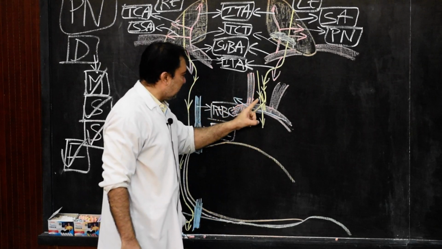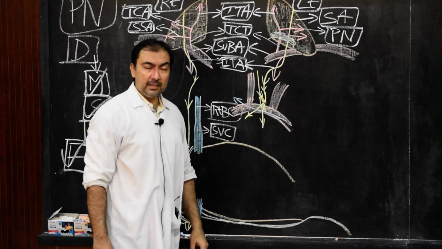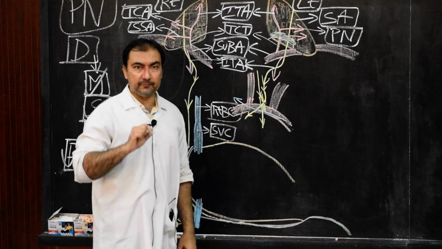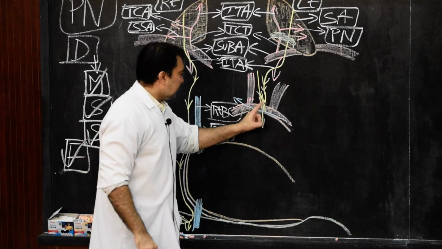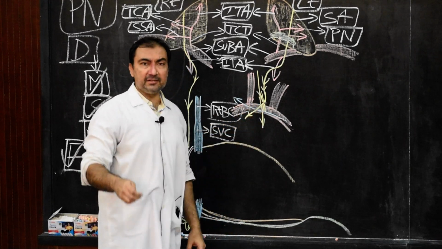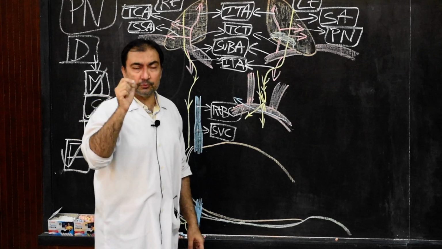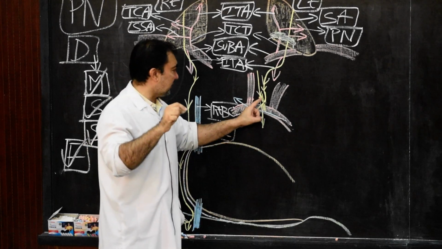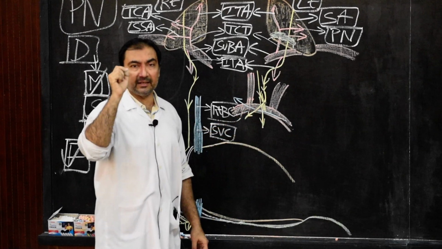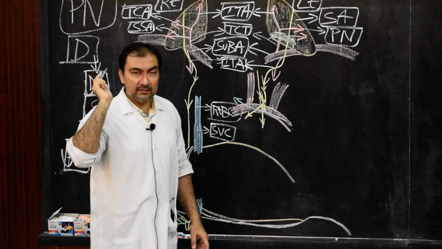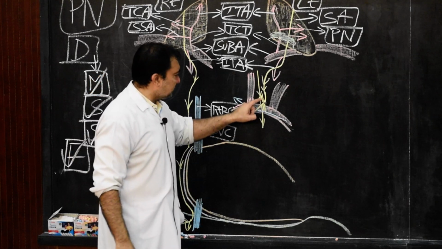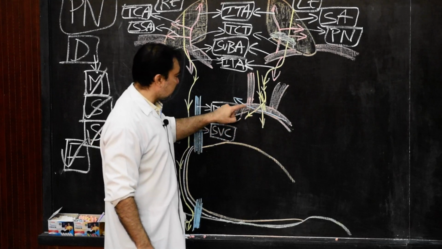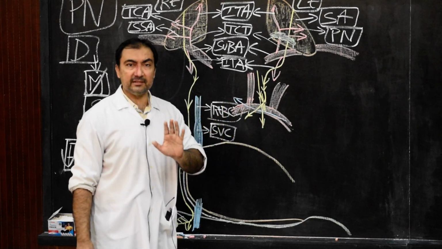Of course, we have the left vagus nerve, but between the left phrenic nerve and the left vagus nerve, two more nerves are there: the left inferior cervical cardiac branch of the left vagus nerve and the left superior cervical cardiac branch of the left sympathetic chain. So these three nerves are separated from the left phrenic nerve in the front by the left superior intercostal vein. This is the diagram which we need to understand.